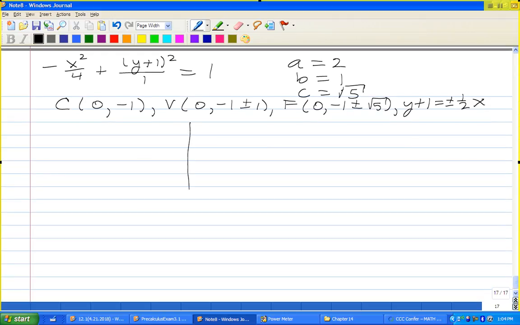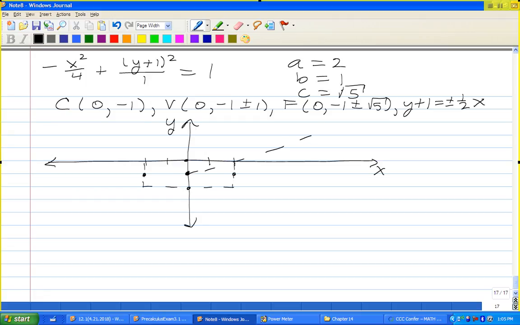Let me sketch a graph. Okay, so the center is at 0, negative 1. We go 2 in the x, 1 in the y. So here's my bounding rectangle.